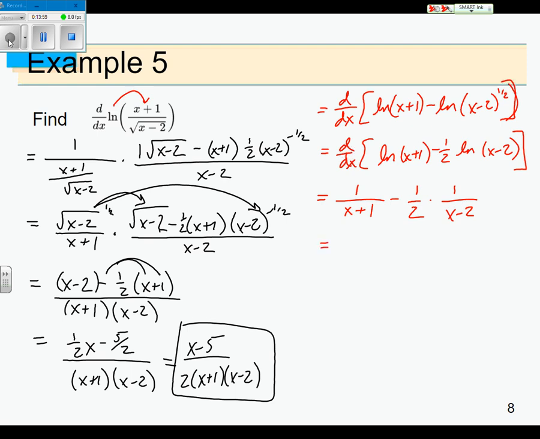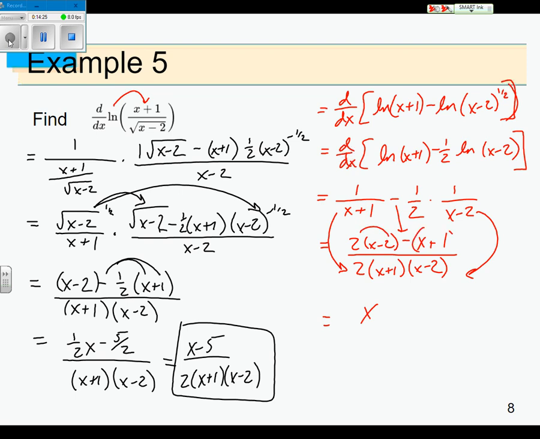Let's get a common denominator. Look at this common denominator. It looks so familiar. Algebra is here to help us, all right? So if I multiplied this denominator by, it looks like 2 times x minus 2. Bring down the minus sign. I multiplied this denominator by x plus 1. So sure enough, 2x minus x, that's x.